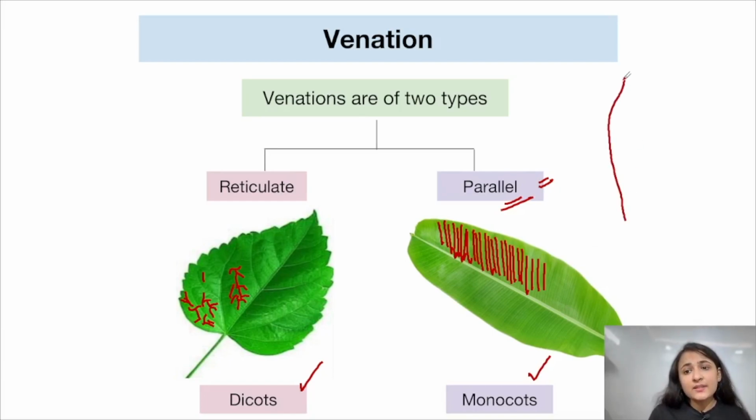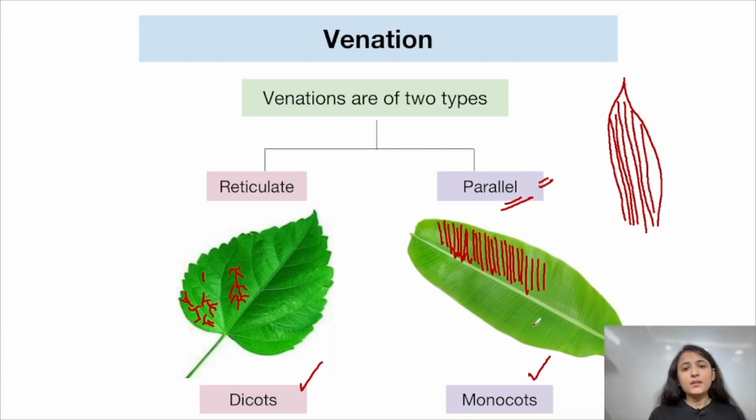These veins can be present horizontally or diagonally, but they can also be present vertically, running like this. So these are the two kinds of venation.